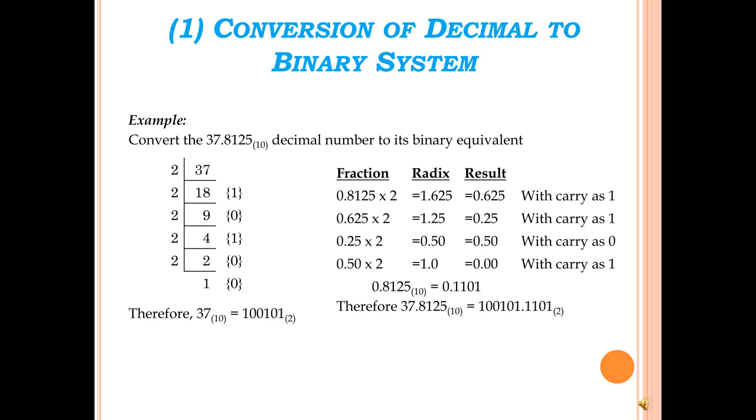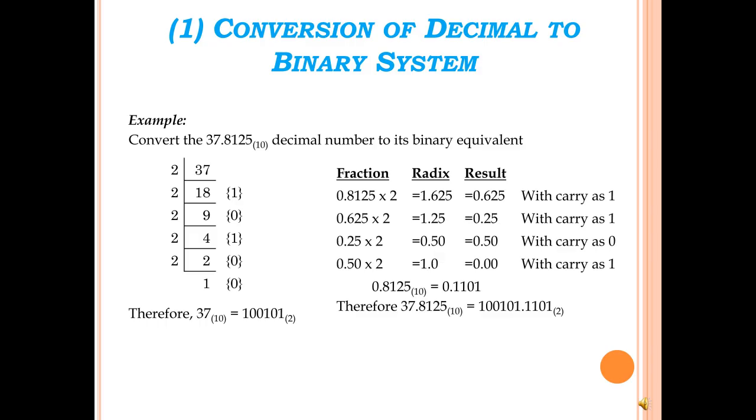That means the first number comes as 1, then 0, then 0, then 1, then 0, then 1. That means our total number comes as 100101 base 2.